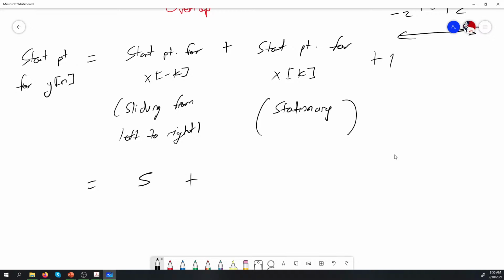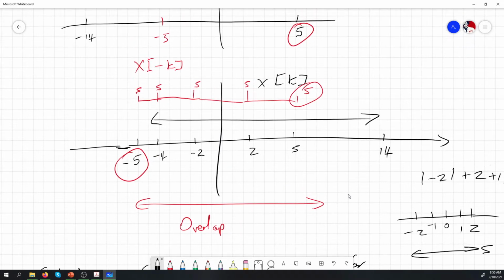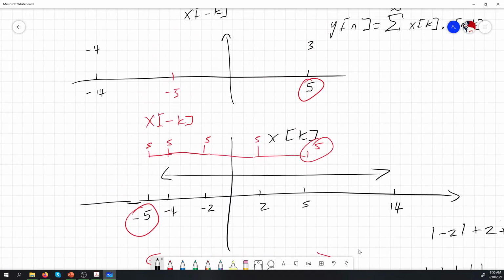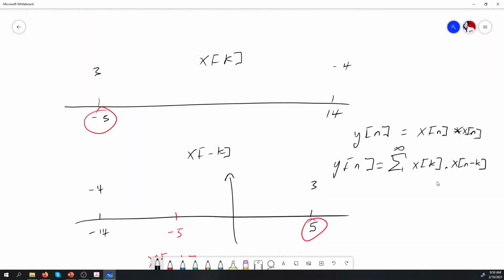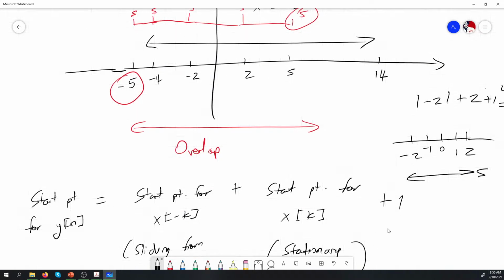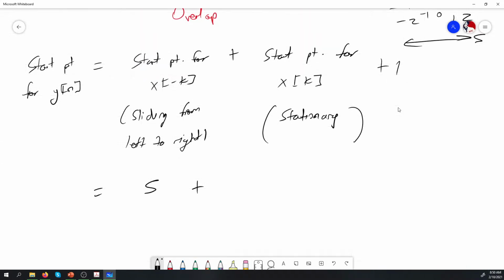And then we need to factor in the start point for x of k, which is going to be at -5 here, but we're only dealing with the magnitude in particular, the modulus of -5. And then we need to add in that 1 to consider that 0 overlap. So we get here being 11.